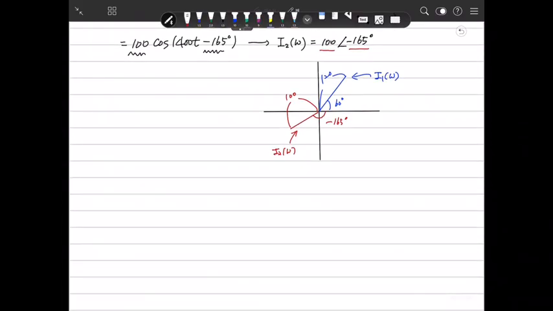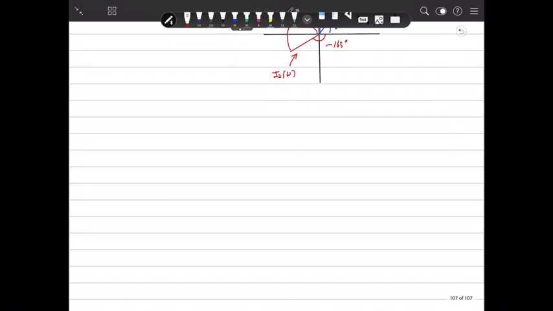So to express the phasor in the complex plane, you can use the same mathematical approach using complex numbers. Complex numbers are very useful for calculation.